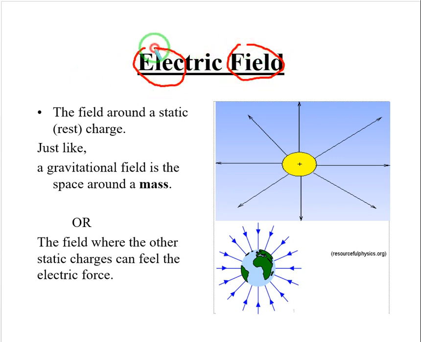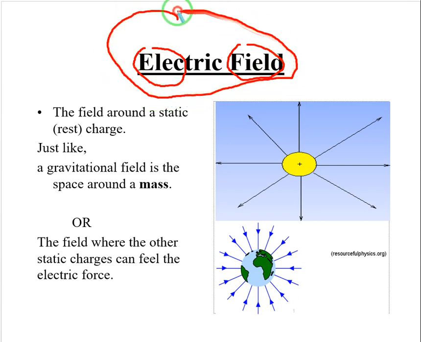So we can say that the field around an electron, or, because we have two types of charges, electron or proton, or we can say positive and negative. So the field around a charge is called electric field, which is the simplest definition.